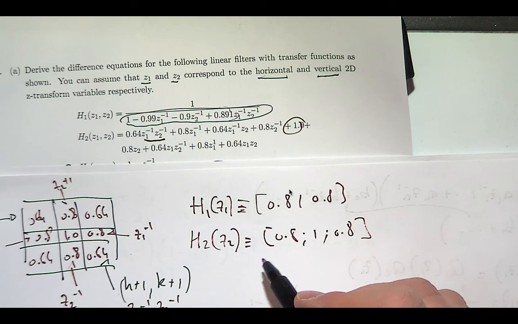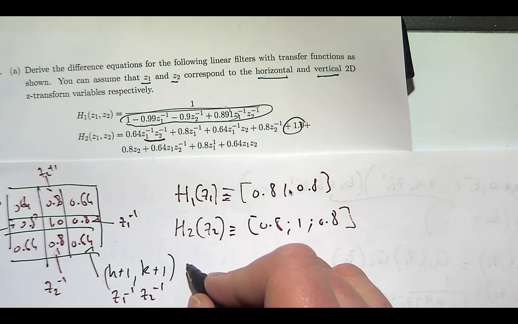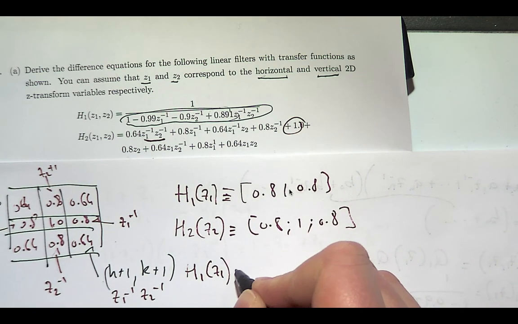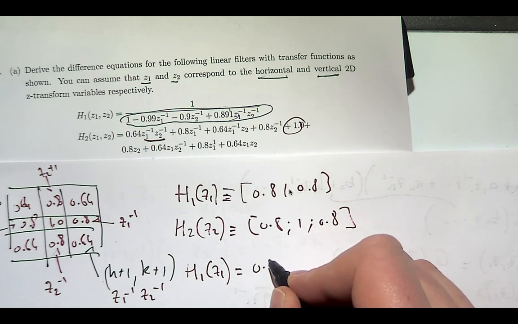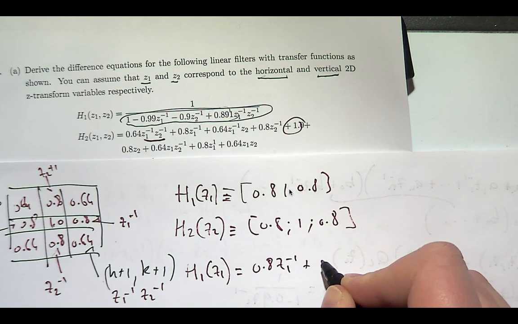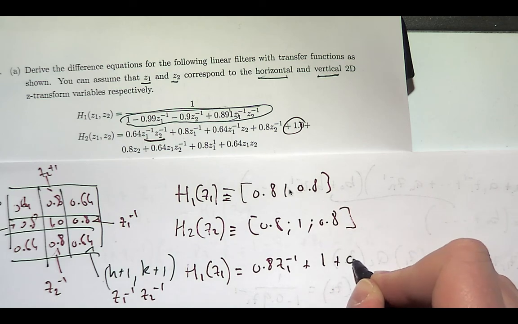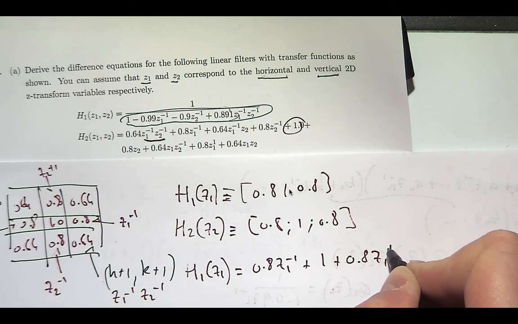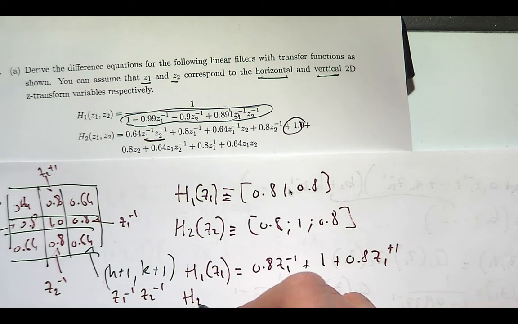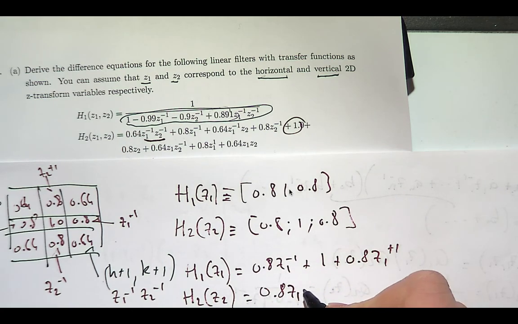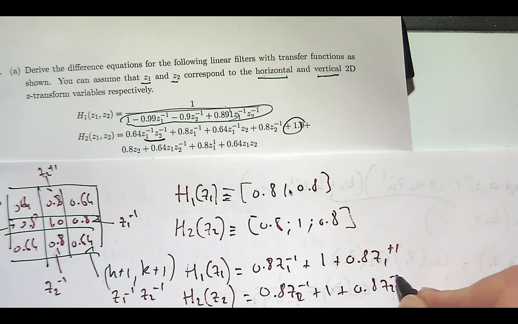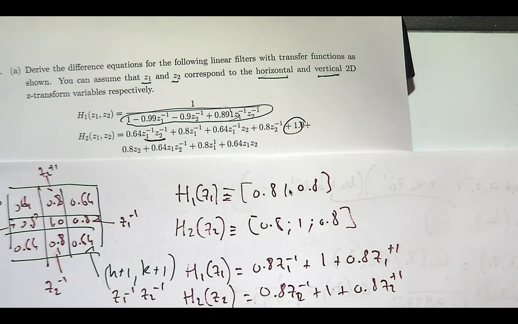Okay, so just write that down again in Z transform. So there will be 0.8 times Z1 minus 1 plus 1 plus 0.8 times Z1 plus 1. And same here, H2 of Z2 is 0.8 of Z2 minus 1 plus 1 plus 0.8 of Z2 plus 1.